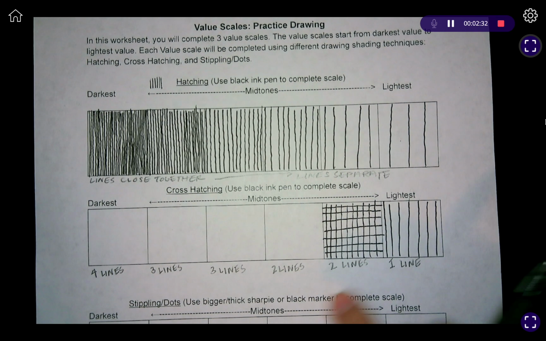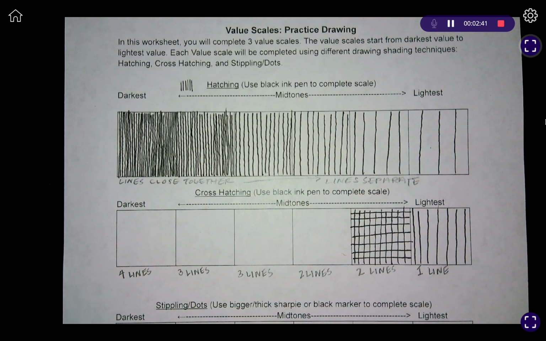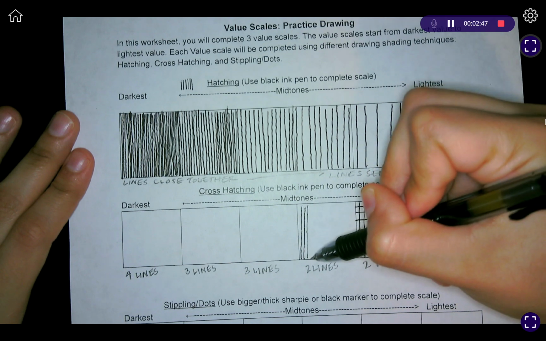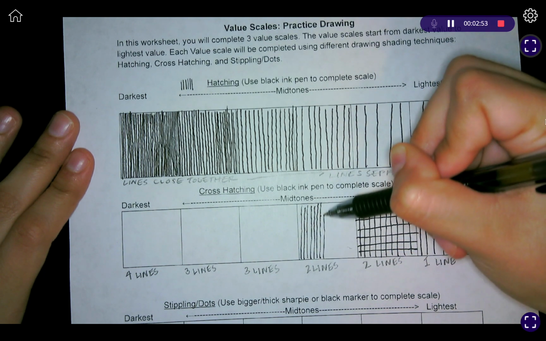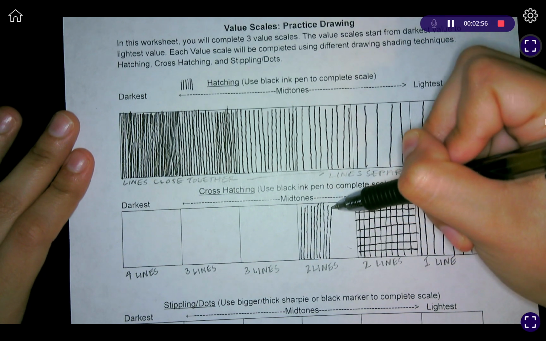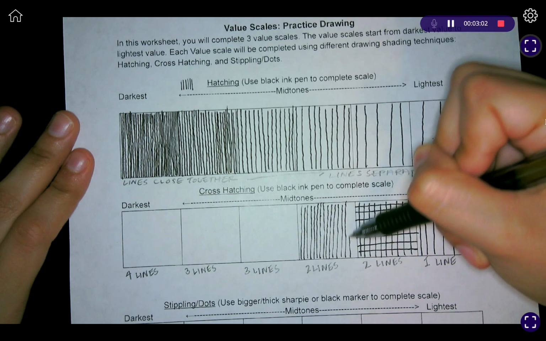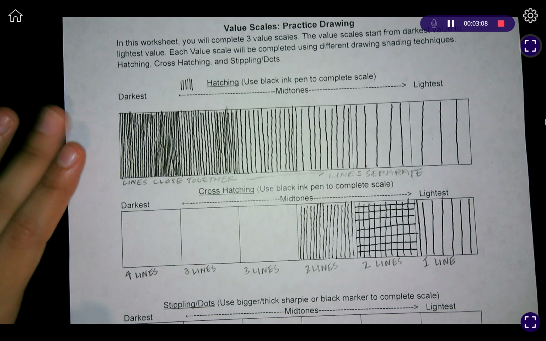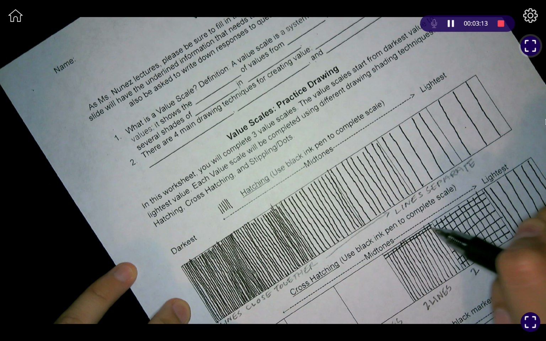For this third box, it's going to be the same directional lines, vertical and horizontal, but now the lines are going to be closer together. So over here, and I'm trying not to smear it, right here we're going up this way. And I'm putting them closer together, as you can see. Okay, and now we're going to go in and add the horizontal lines.